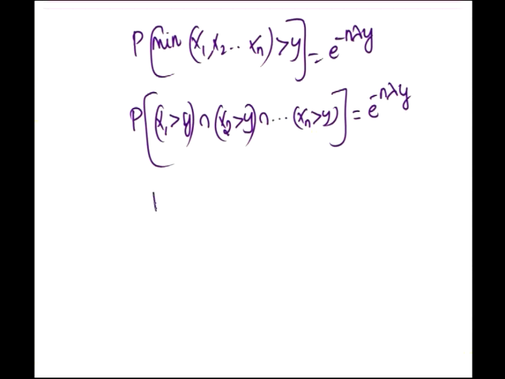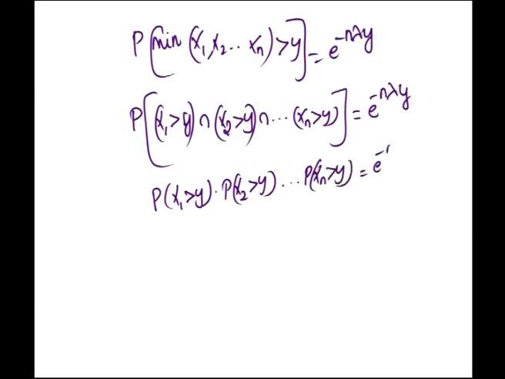We mean to say that P of X1 greater than y, because of the independence, P of X2 greater than y, etc. P of Xn greater than y is equal to e power minus n lambda y.